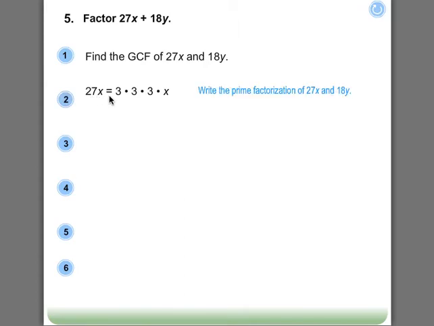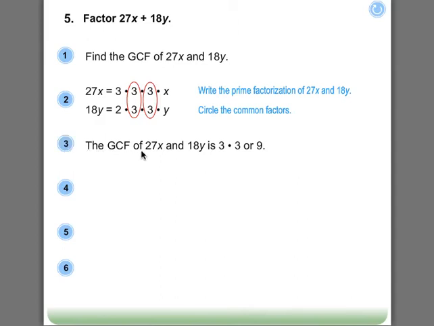So 27x is really 3 times 3 times 3 times x. And 18y is 2 times 3 times 3 times y. Now we circle the things that they have in common. The greatest common factor of 27x and 18y is 3 times 3, or 9.